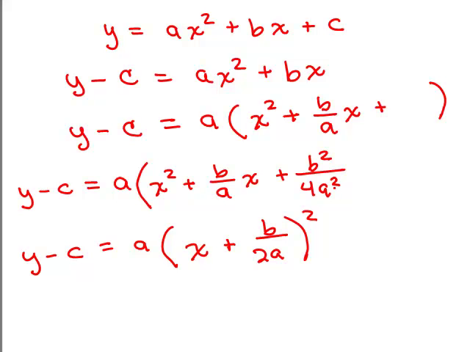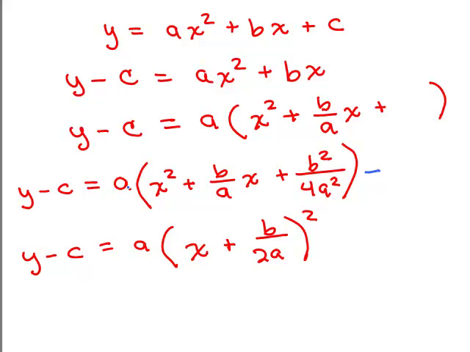Now here's the little tricky part right here. If you're adding that inside the parentheses, okay, right? I just added something that really wasn't up here. Then note that I've really added to this side of the equation a times this b squared over 4a squared. Okay? Well, I have to make up for that by subtracting a b squared over 4a squared, right?